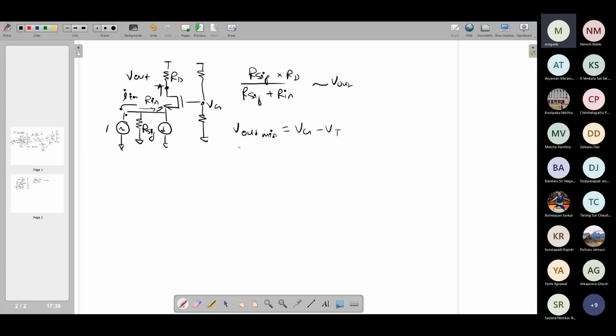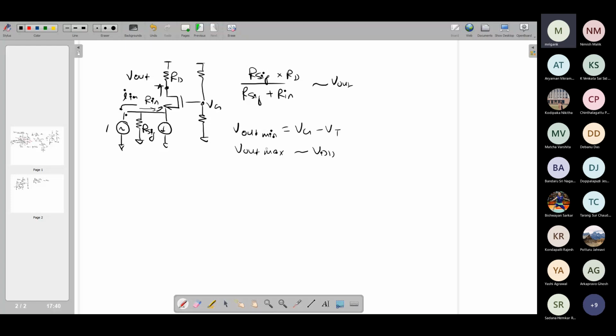That determines my V out min. And V out max is approximately VDD, because on the upper side it can go all the way to VDD, while the lower side minimum value is dependent upon VG.